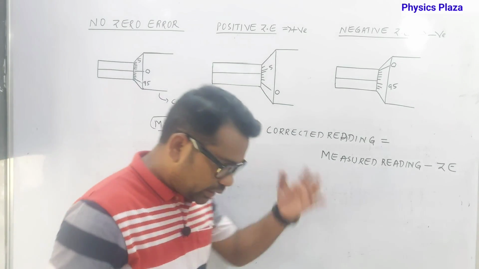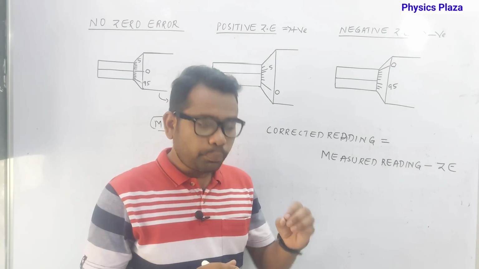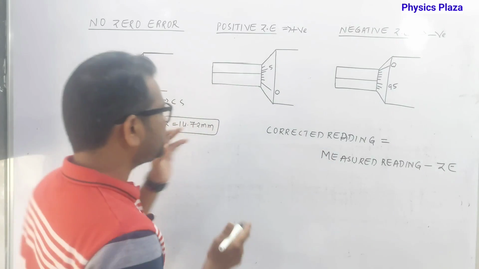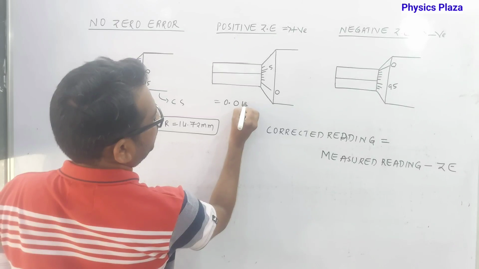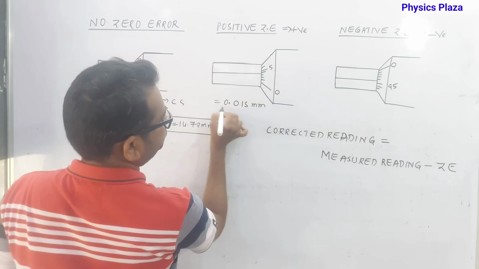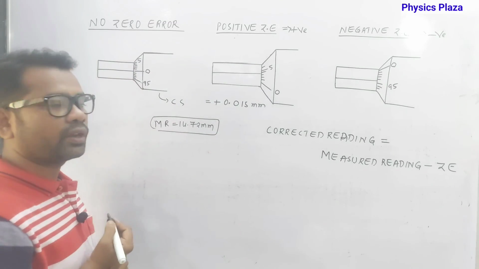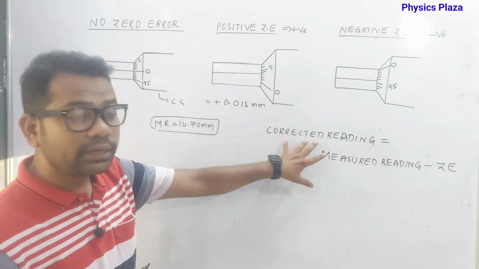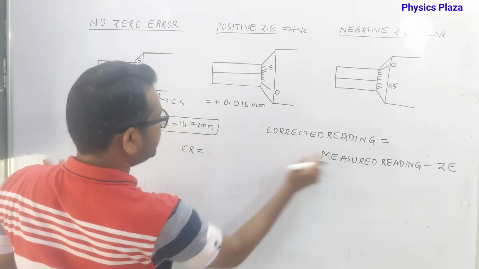In that case, for suppose that particular screw gauge has a positive zero error, its value will be, for example, 0.015 millimeter. As I said, it is always positive. Then how do we take the corrected reading here? Children, corrected reading is equal to measured reading, which is how much?